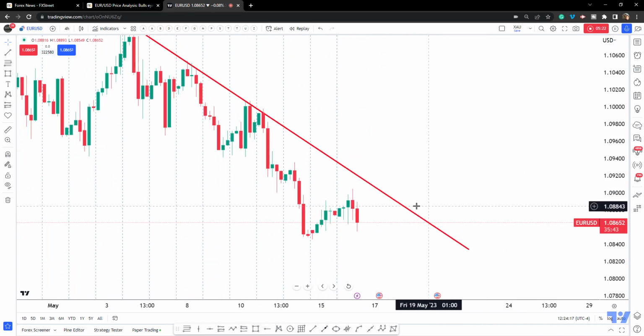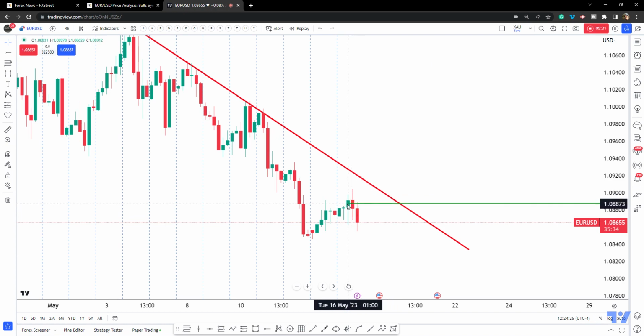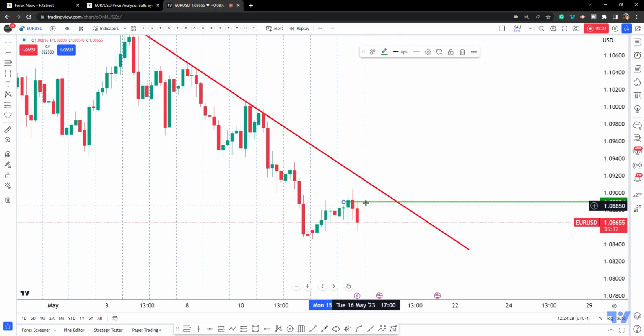And if we break above here, thereabouts, on a retest, so come up.